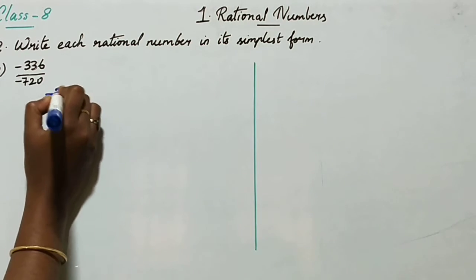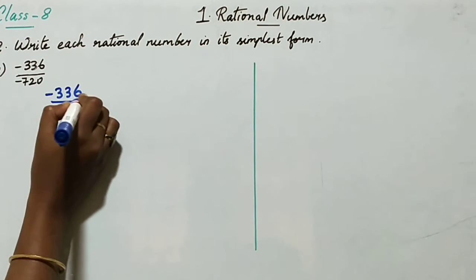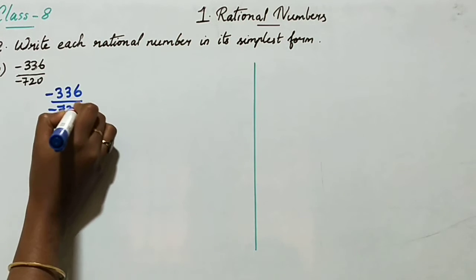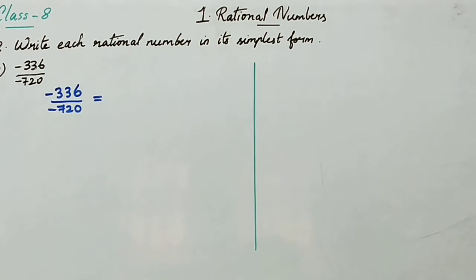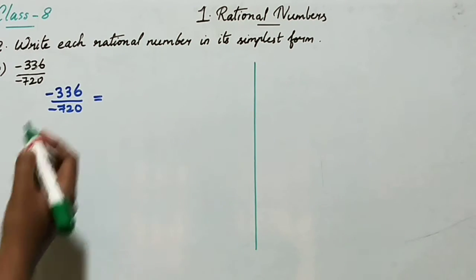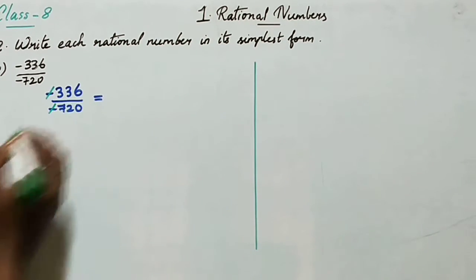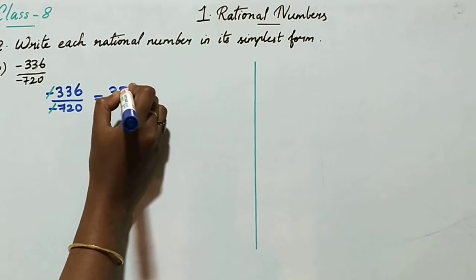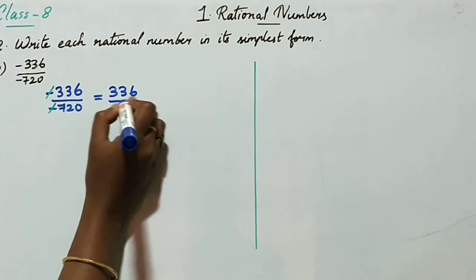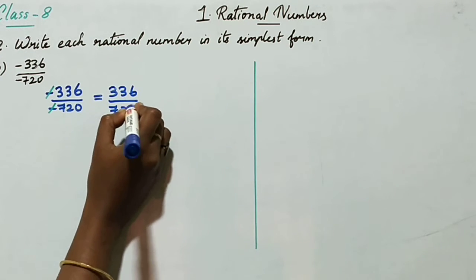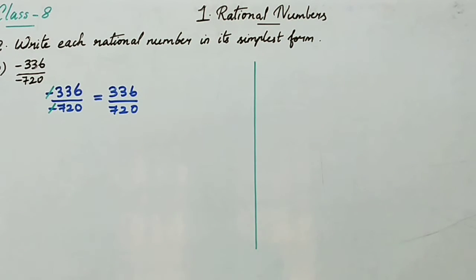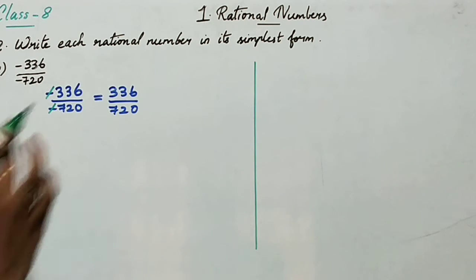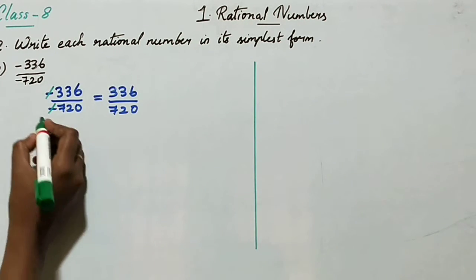So we have negative sign in the numerator as well as the denominator. So this minus can be cancelled. Okay. So what will be the answer then? This will be equal to 336 divided by 720. Okay. Now I need to find the prime factors for this 336 and 720.